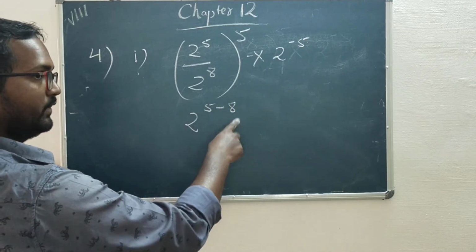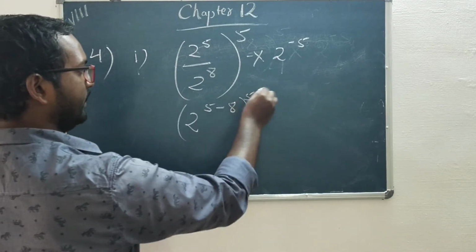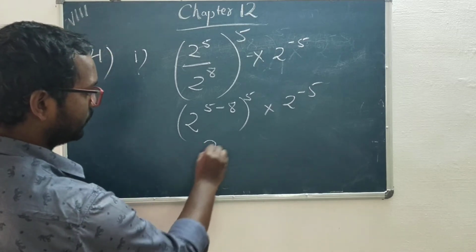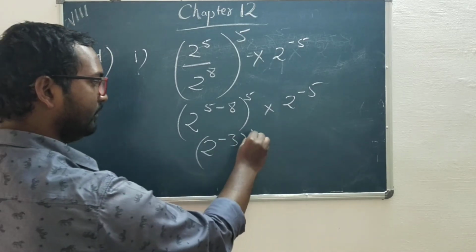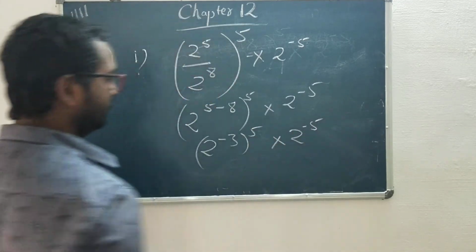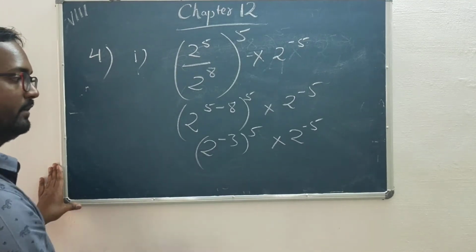Don't write 8 minus 5, you have to write 5 minus 8. Then 2 to the power 5 into 2 to the power minus 5. This will become 2 to the power minus 3, since 5 minus 8 is minus 3, to the power 5, into 2 to the power minus 5. So 2 to the power minus 3, to the power 5.